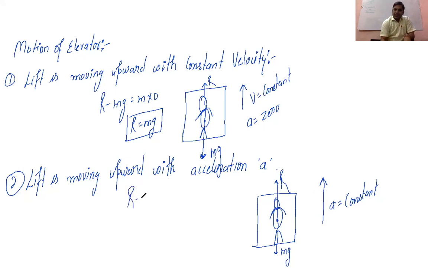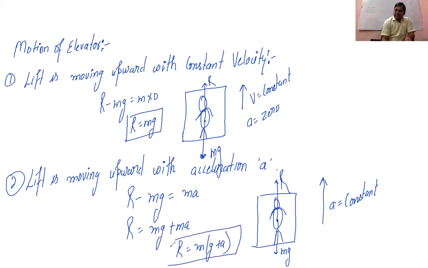So R minus mg is equal to m into a, which becomes R is equal to mg plus ma, or R is equal to m(g plus a). This is the case when the lift is moving upward: you will feel your weight become greater than the actual weight.